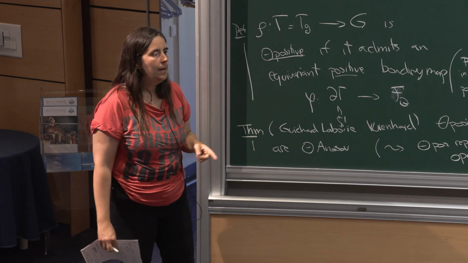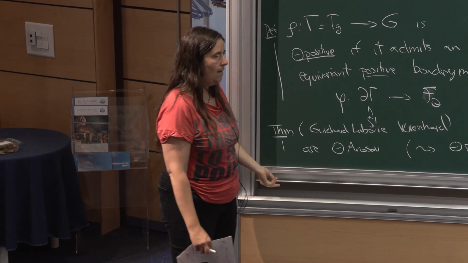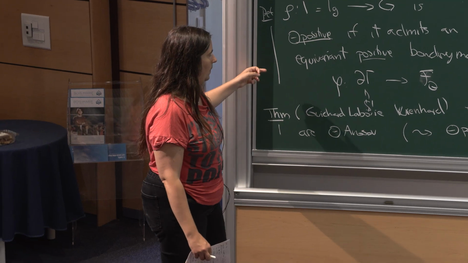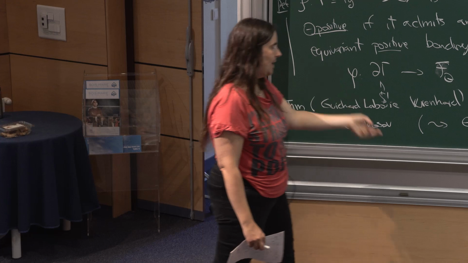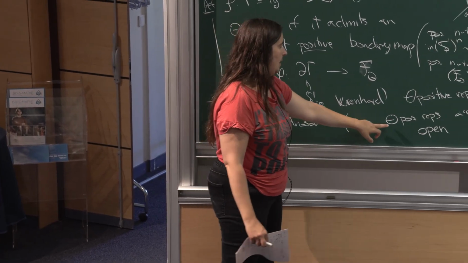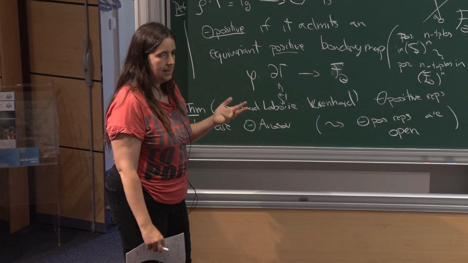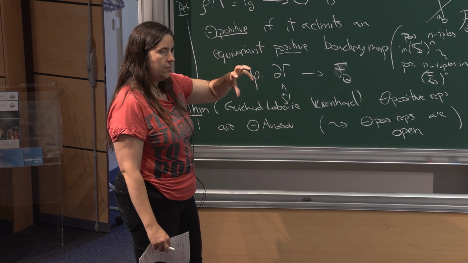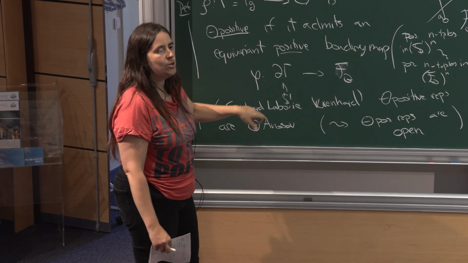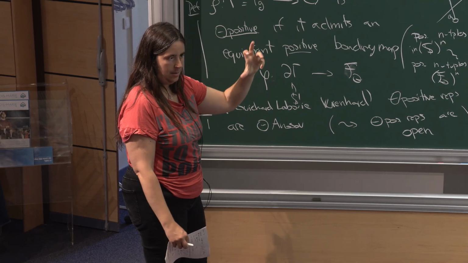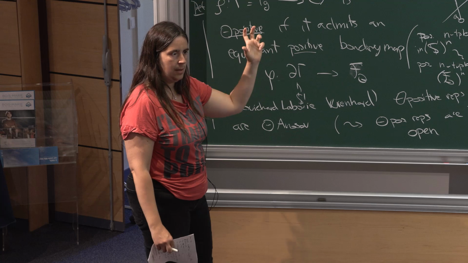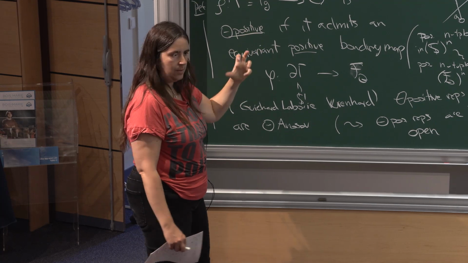Excuse me, I probably missed a sentence, but you say that positive representations are Anosov, okay? Right. And Anosov are open, but why should it imply that? Yeah, so this I said and did not write. It's an exercise to show that Anosov representations are open, but they're not just open. The boundary maps vary continuously on the character variety.